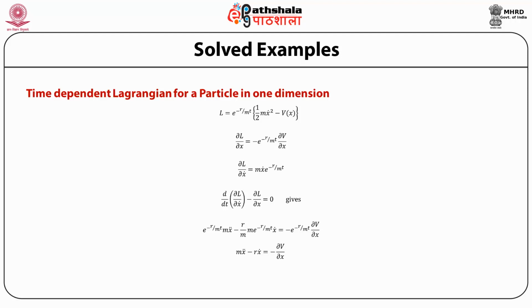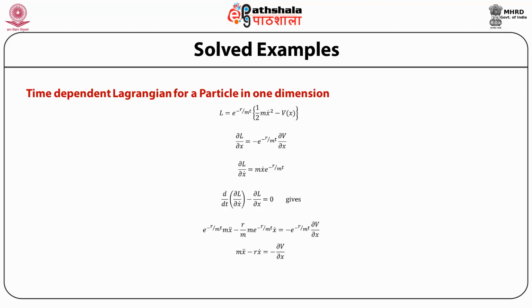Now, the partial derivative of this Lagrangian with respect to x can be easily evaluated and is equal to minus e to the power minus gamma by m t dV by dx. Likewise, the partial derivative of L with respect to x dot is equal to m x dot exponential of minus gamma by m t. Now, the Lagrangian equation of motion, namely d/dt of dL by dx dot is equal to dL by dx.